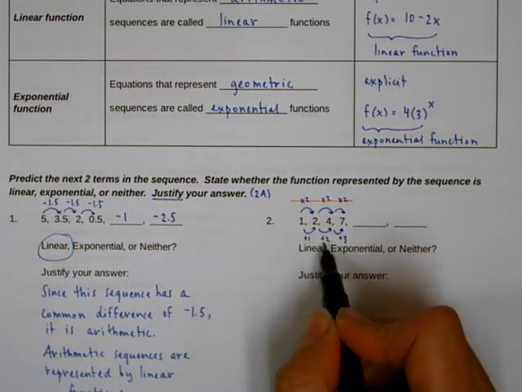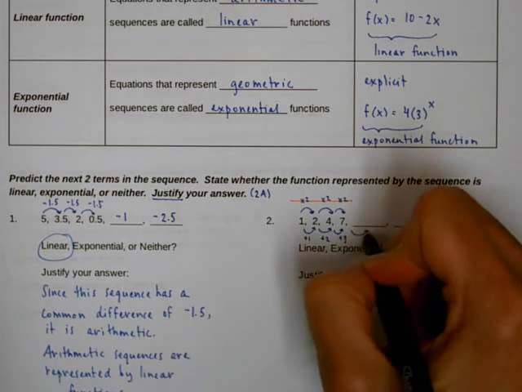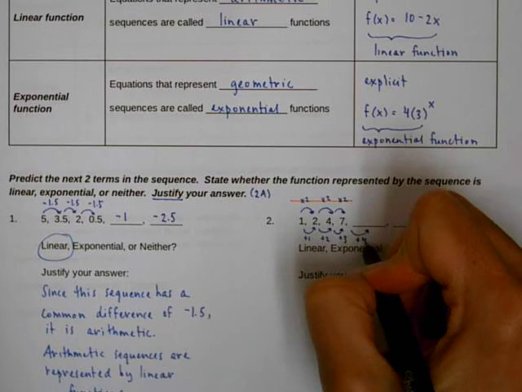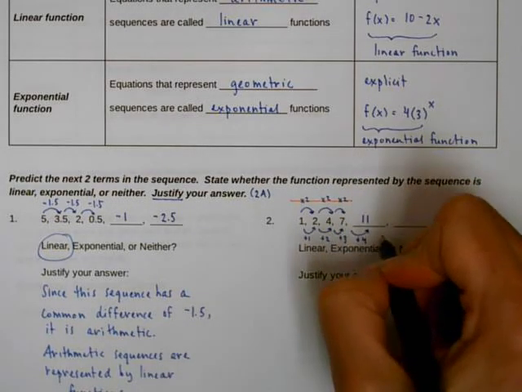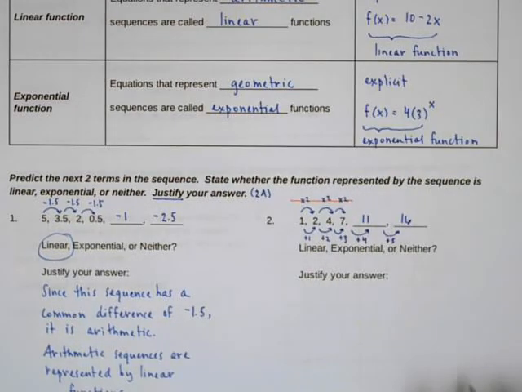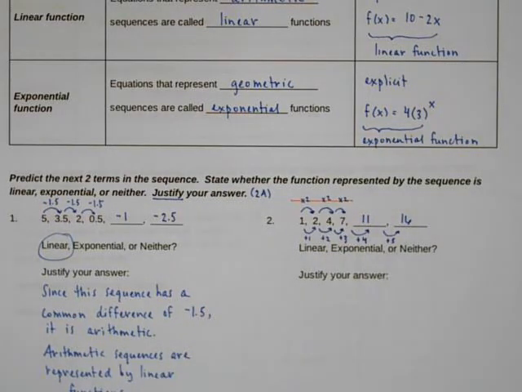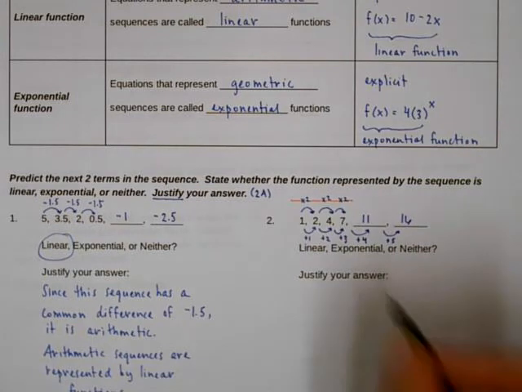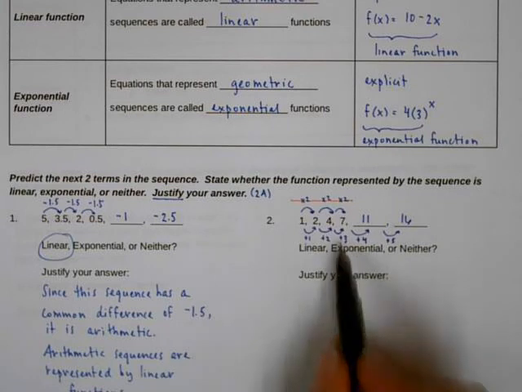I added 1 and then plus 2, plus 3, so my prediction would be then to get the next term, I would add 4. So 7 plus 4 would give me 11. And then I would assume that this would be a plus 5, and 11 plus 5 would give me 16. So I still am noticing a pattern and using that pattern to predict the next terms. However, this is going to be not linear because it's not an arithmetic sequence.